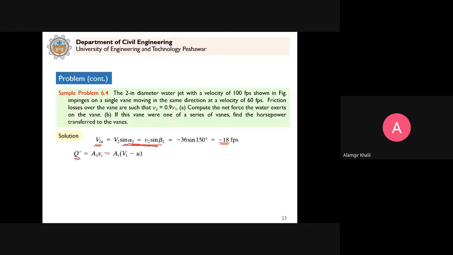Why can we calculate Q dash? Because we have a single moving vane. So we need to calculate Q dash, which is equal to A1 into (V1 minus U), or A1 into small v1, the relative velocity. You can put the values, and this is the discharge that will hit a single moving vane.